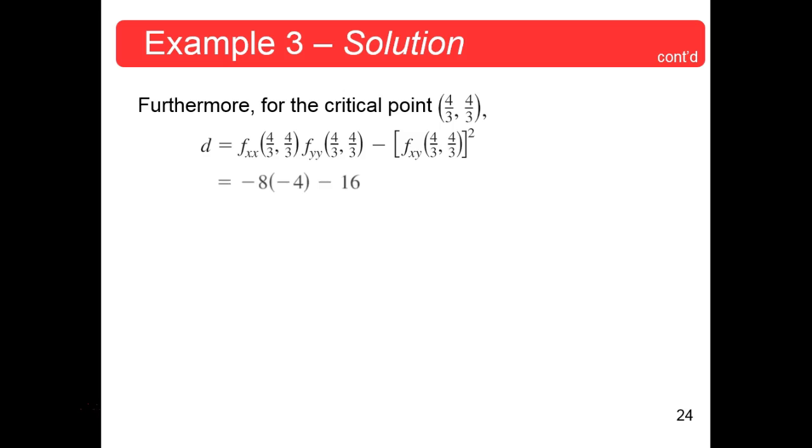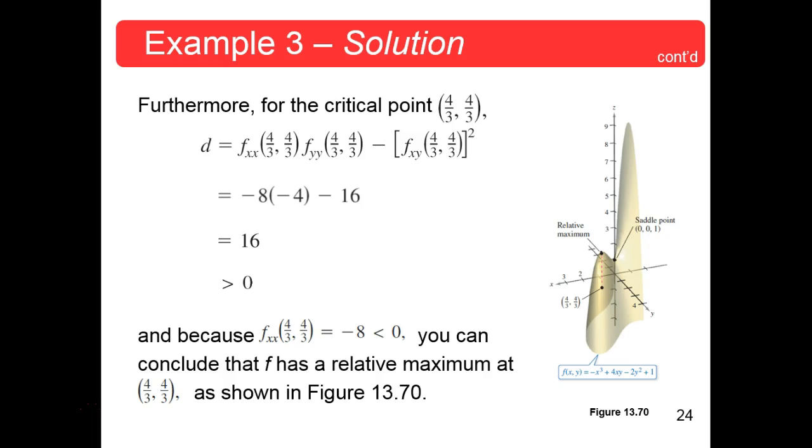If f sub xx is positive, then it's a relative minimum. If f sub xx is negative, that means it's a relative maximum. And f sub xx was negative 8, already calculated up here. So that made it a relative maximum.